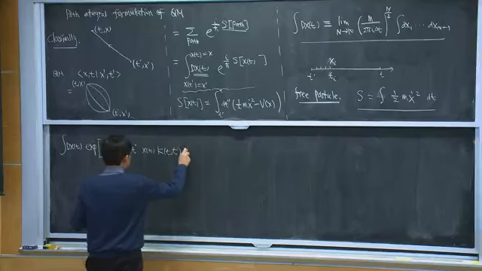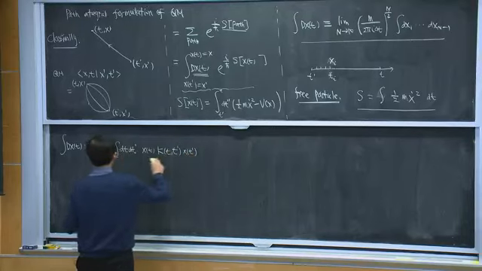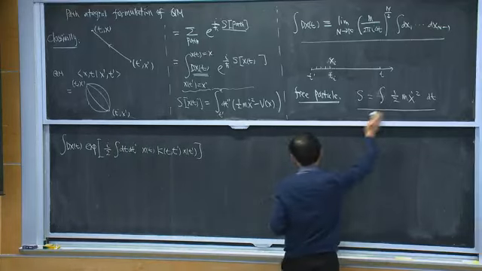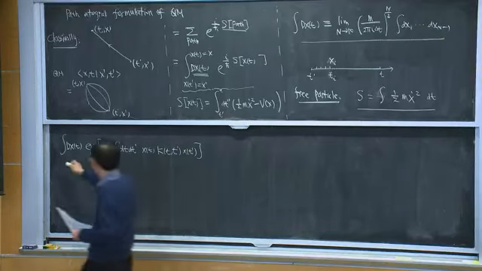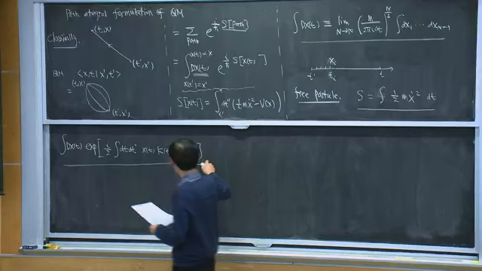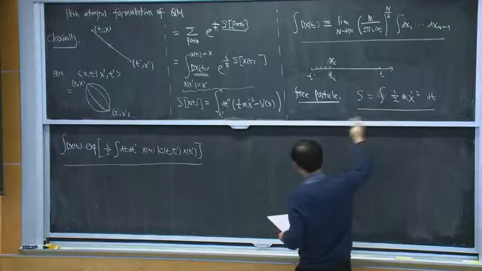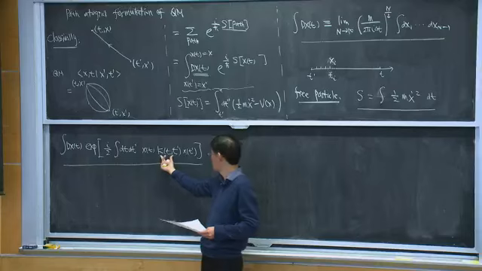When S is of this form, you can write the path integral in this general form, and the K in this case will be some delta function. I wrote down K explicitly last time.